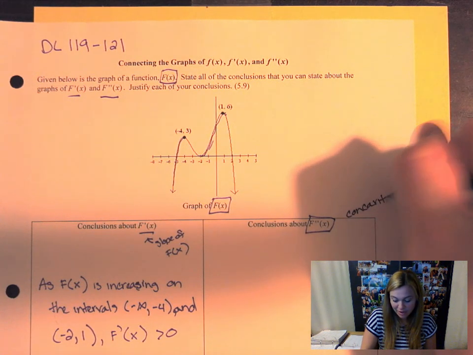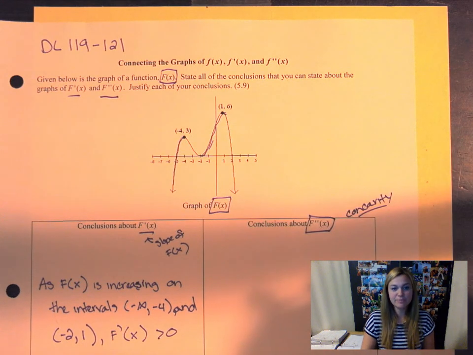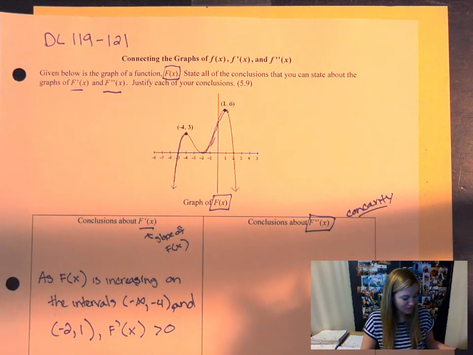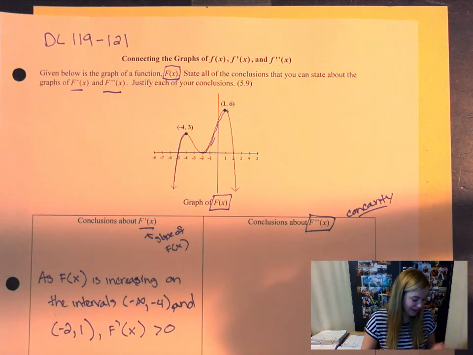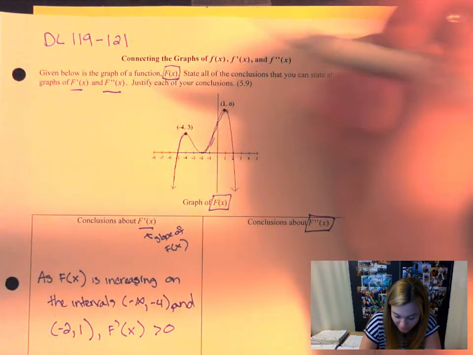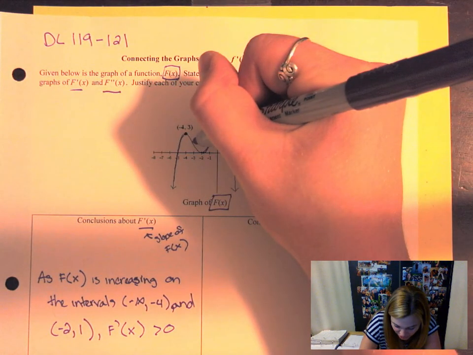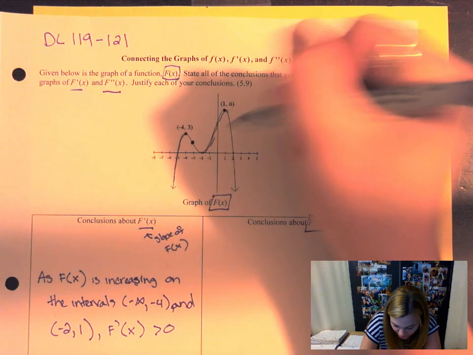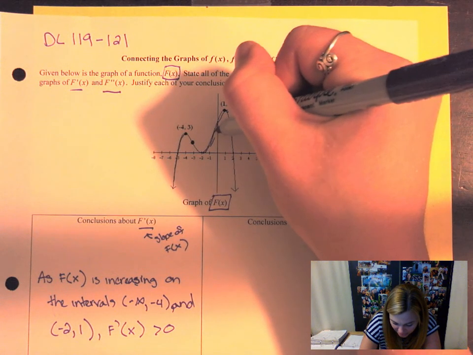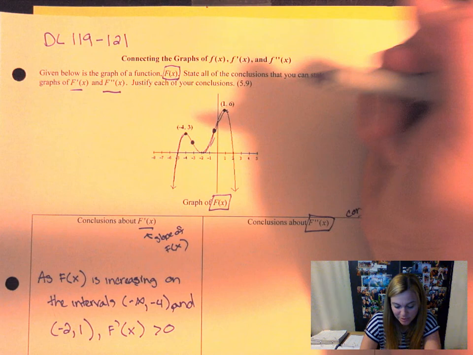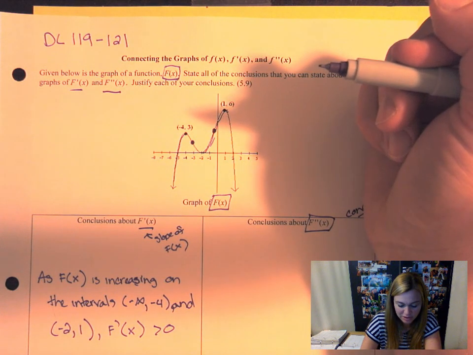So if you have a graph of f of x, what's that saying about concavity? This isn't actually telling you these places of concavity, but I'm going to pick them. It looks like it's changing maybe here and here. If you had an assessment of any sort, I would definitely be more clear.